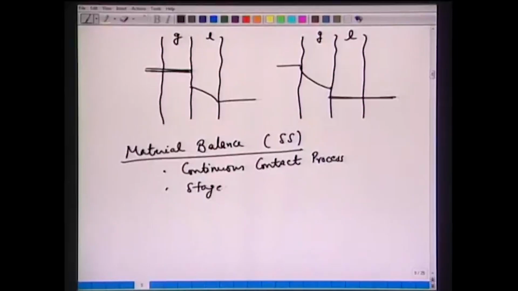This we discussed in the previous lectures, that we have two types of contactors. One is the continuous packed column, for example in the case of absorption, or we can have stage-wise contactors or cascades in the case of distillation. So now we are trying to make a material balance in these two cases. First we start with the continuous contact process.